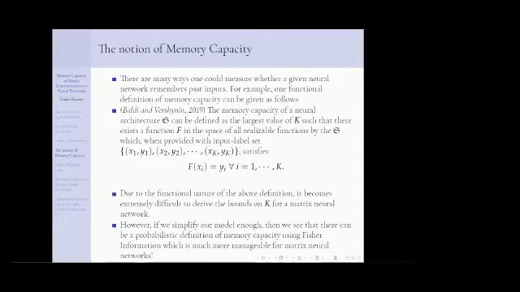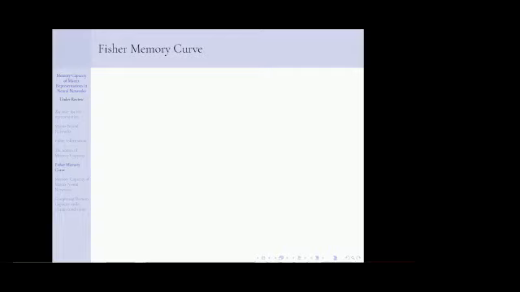Simplicity is lost when we go from vector to matrix neural networks using the probabilistic definition, but it's manageable enough that we can work through it. We don't want to work with a functional definition because we are not experienced enough in functional analysis to deal with certain big questions right now. So we now introduce the Fisher memory curve.